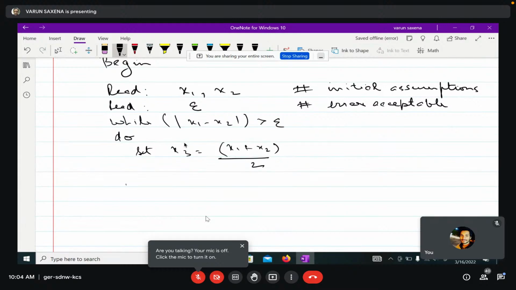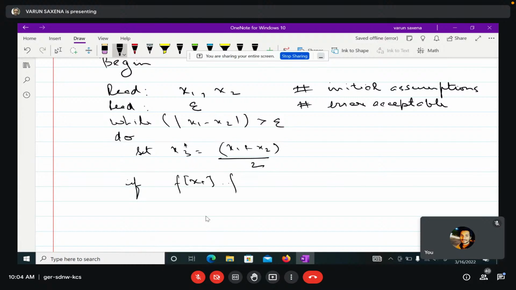The next step is if f(x1) into f(x3) is less than 0, then you set x2 as x3, because then the root lies between x1 and x3 and you have to discard x2. So x3 will now become x2.